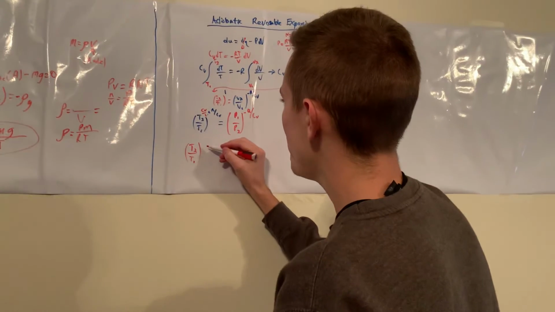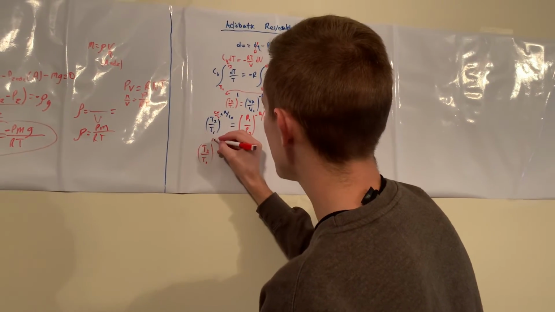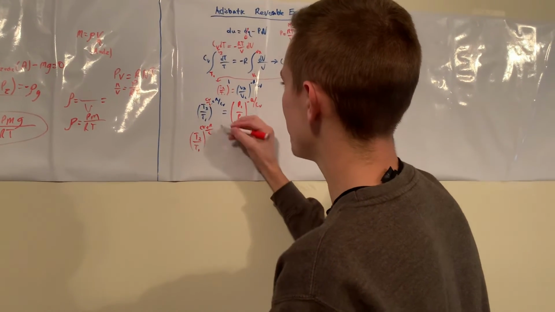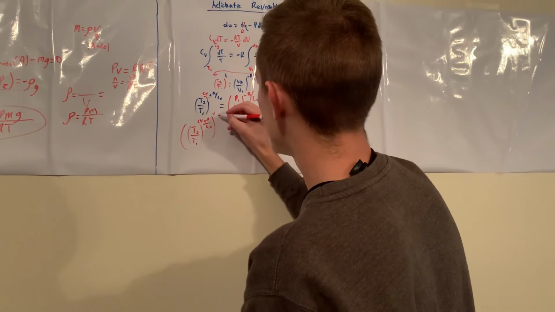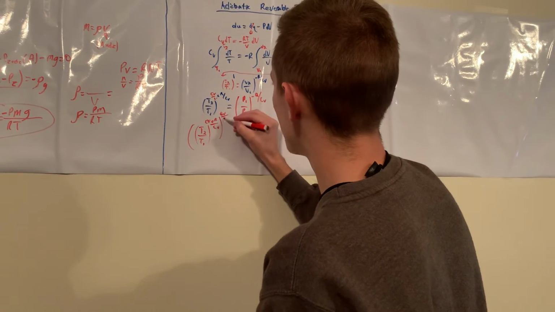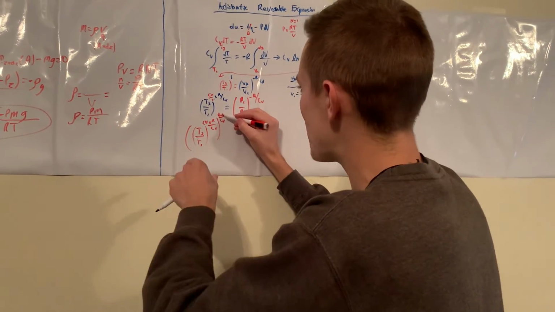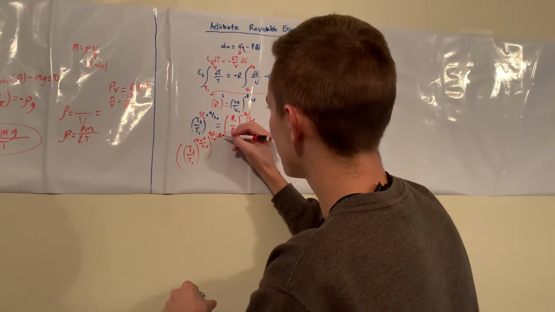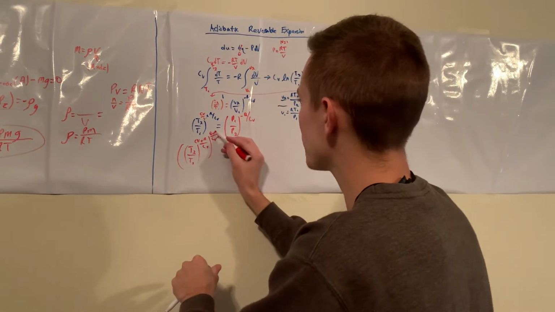So we could go ahead and rewrite this as CV plus R over CV, multiplied by CV over heat of vaporization times our gas constant. So that's a reciprocal. We need this on both sides, so these cancel out.